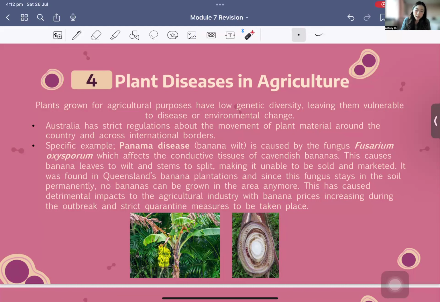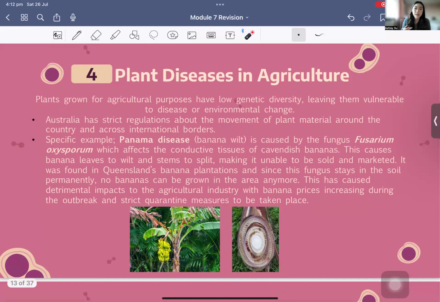Okay, and this causes banana leaves to wilt and unable to be sold to the market. And the reason why I want you to remember this example is because there was a really big outbreak back in the 2000s. And there was a period of time when there were no bananas on the market, okay, specifically Cavendish bananas.